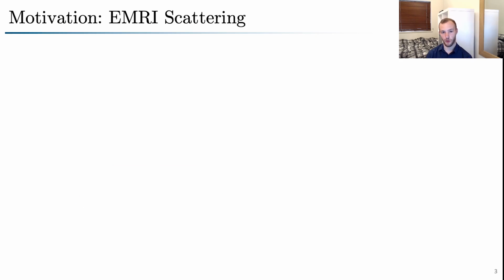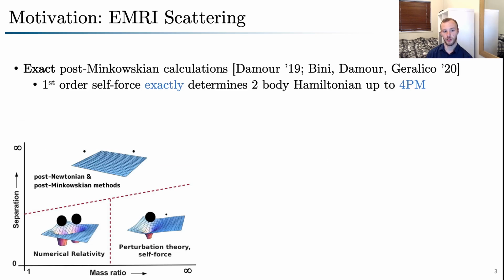Well, first we'll talk about the motivation. We can use self-force information to give information to other calculations, such as the self-force is valid here, but it can give information for the post-Minkowskian method, which is here.